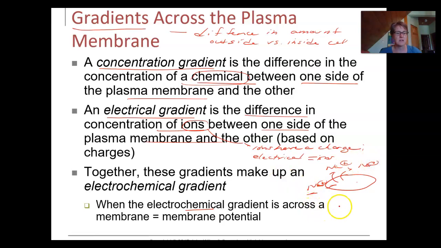So on the outside, more sodium equals chemical, but then it's also more plus charge, more of that plus. Because sodium had a plus, and that's electrical.